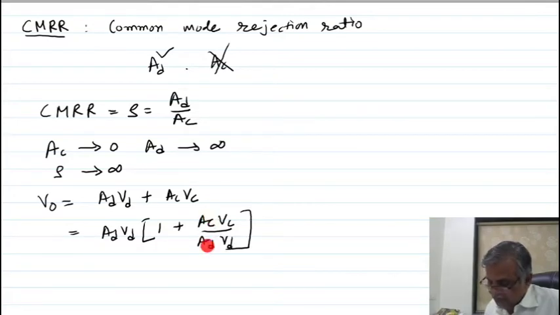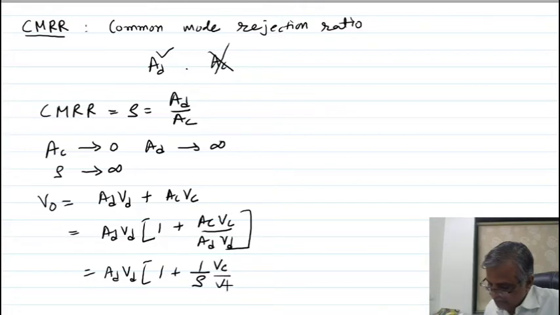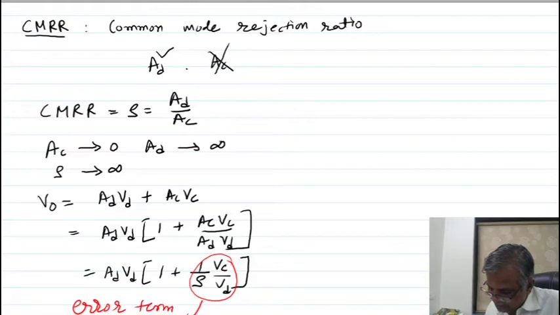Now you know AC by AD is 1 by rho, so I can write the above equation as 1 plus 1 upon rho, VC by VD. Now this term is known as an error term. Due to this term, error is introduced in the output.